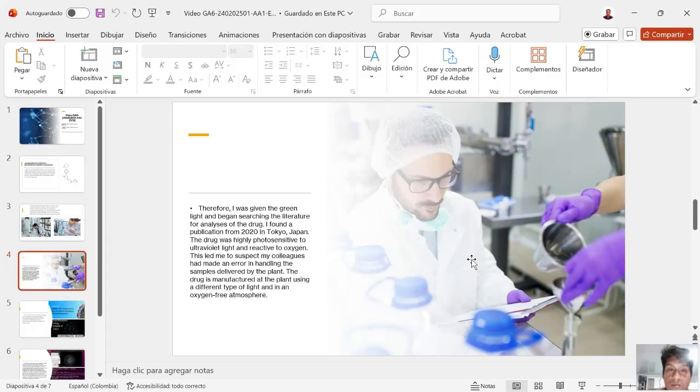This led me to suspect my colleagues had made an error in handling the samples delivered by the plant. The drug is manufactured at the plant using a different type of light and in an oxygen-free atmosphere.